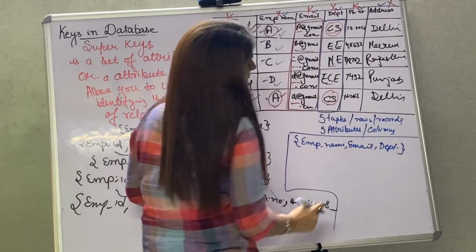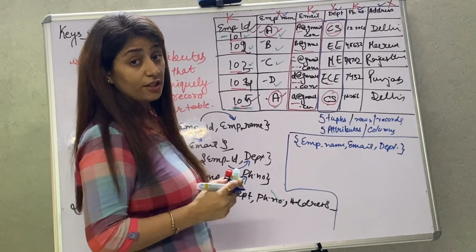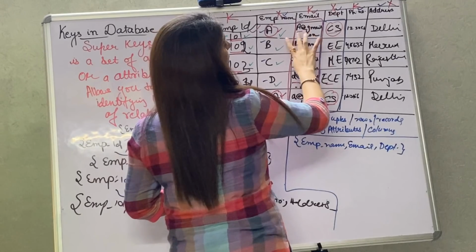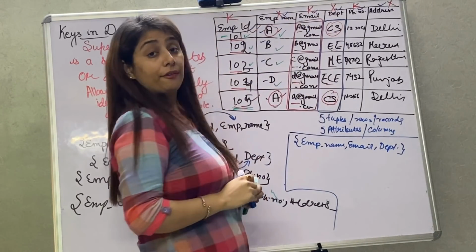We want to check whether it is a super key. How to check? We cross-check the data of these three attributes.